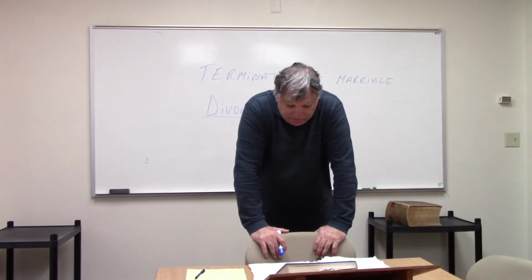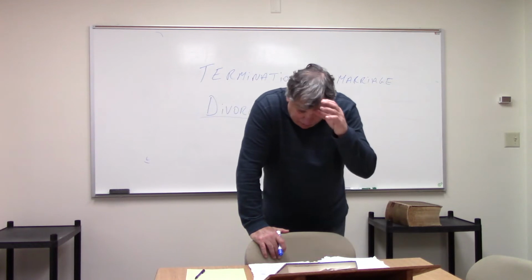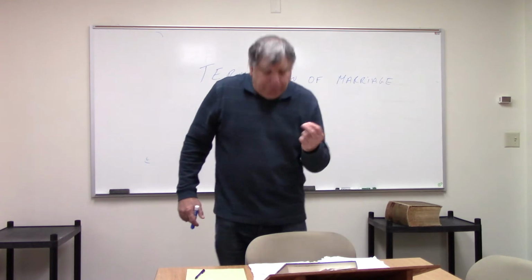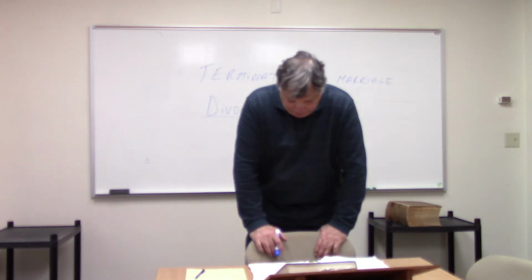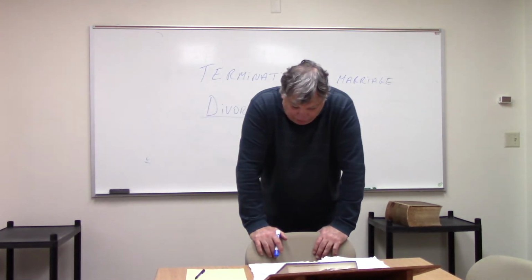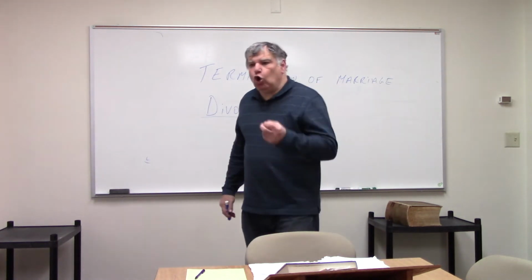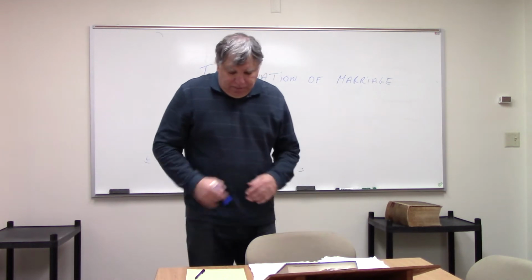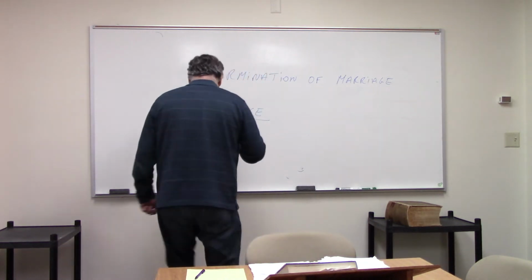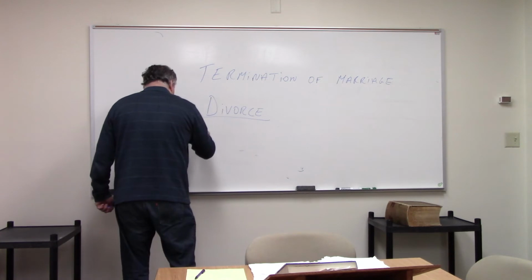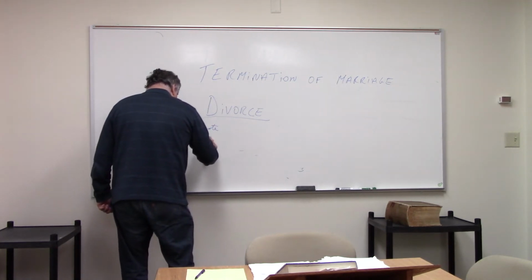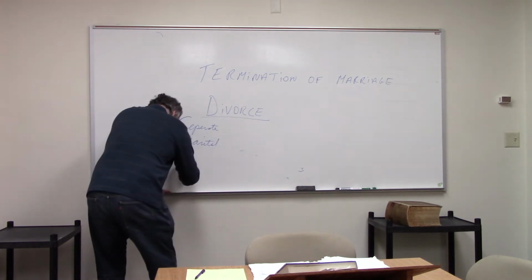So most states have adopted a form of marital property law that distinguishes between three kinds of property: separate property, marital property, and commingled property, or commingling. So let me explain what we mean by this. Separate, marital, and commingling.